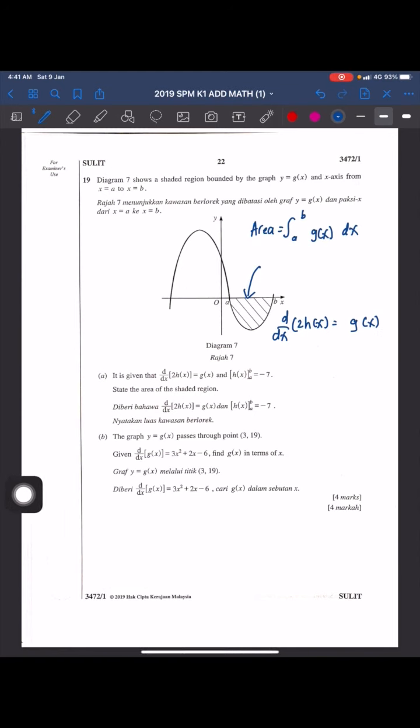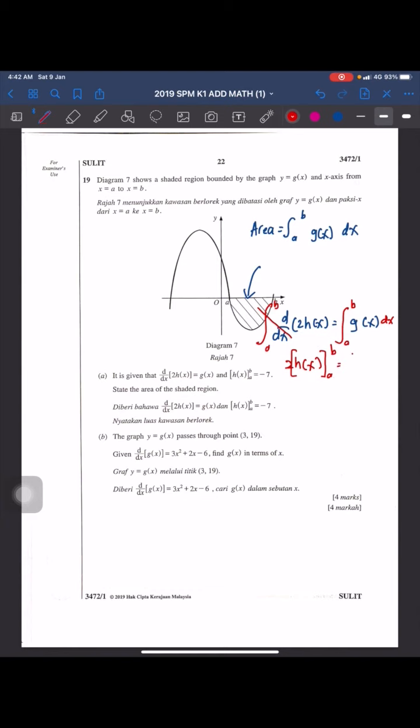So what do we have to do? I add the integration symbol here, from a to b, dx. On the left side I also add integration from a to b. We know that integration is actually a reverse process of differentiation. So in order to reverse the differentiation here, we integrate both sides, and what we are left with is h(x) from a to b.